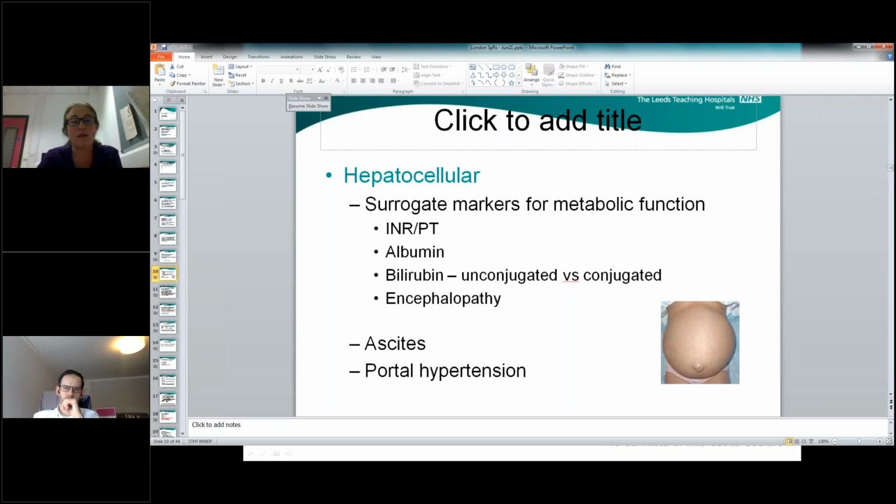And we've talked about the ascites and the portal hypertension. So those are the situations where we use surrogate markers. So those all count to build up a picture of how bad somebody's cirrhosis is. We are not worried about hepatitis or fibrosis because your hepatocyte function is pretty well preserved in those situations.